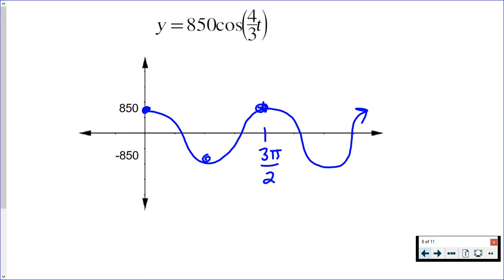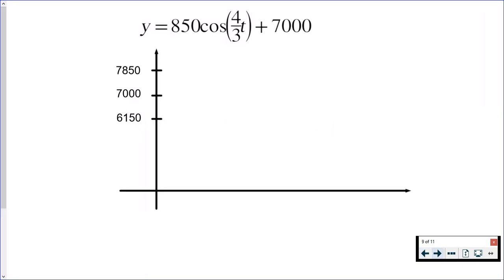Now, in this function without the shift up, you'll notice the x-axis cuts this graph in half. It cuts the top half from the bottom half. Instead of the actual function centered around the x-axis, it's going to be centered at 7,000.